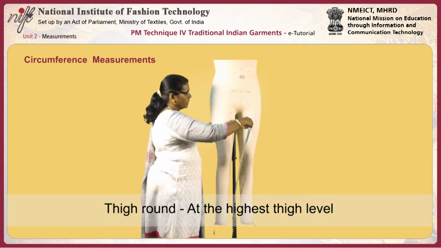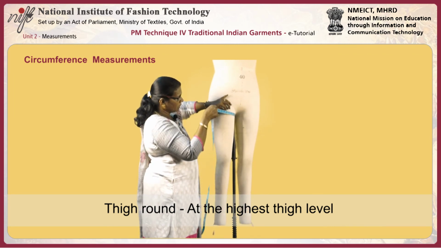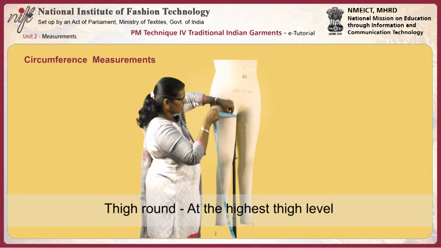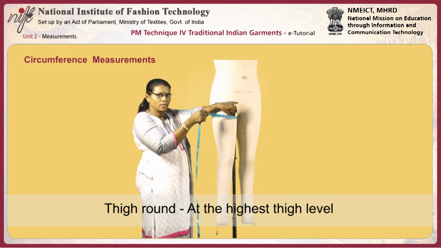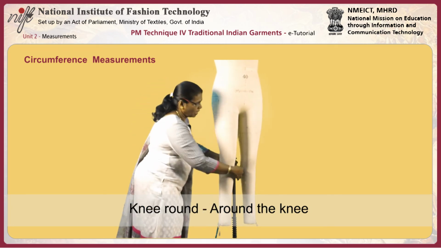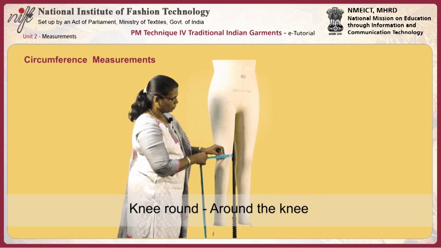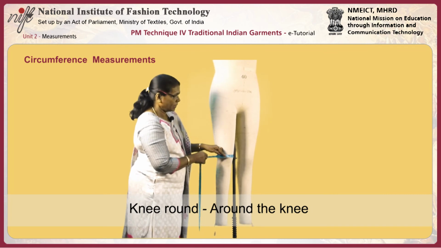Thigh circumference. At the highest thigh level with 1 finger ease, parallel to the floor, is thigh circumference. At the mid of the knee, parallel to the floor, around the knee with 1 finger ease is knee round.